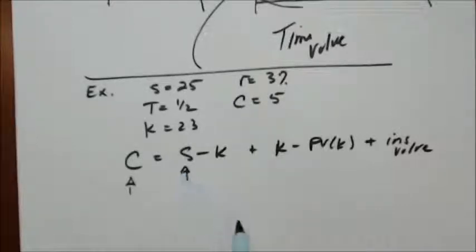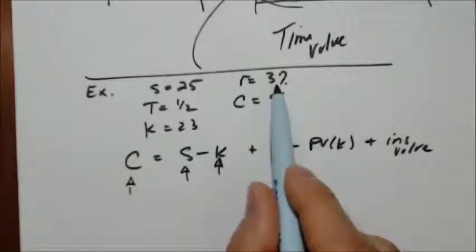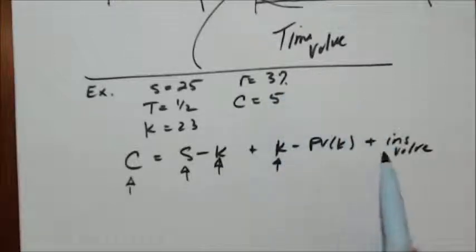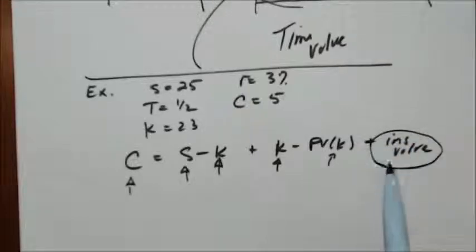We can observe the stock price. K is on the option quote. We can compute the present value of K because we know the risk-free rate. It's on every financial website out there. And then the only thing that's missing is the insurance value, and we have to back into it. And then we have all our components.